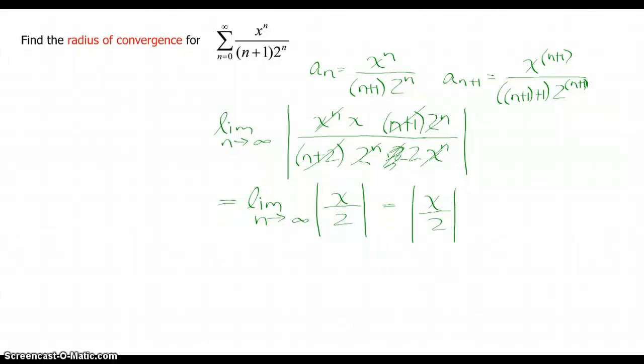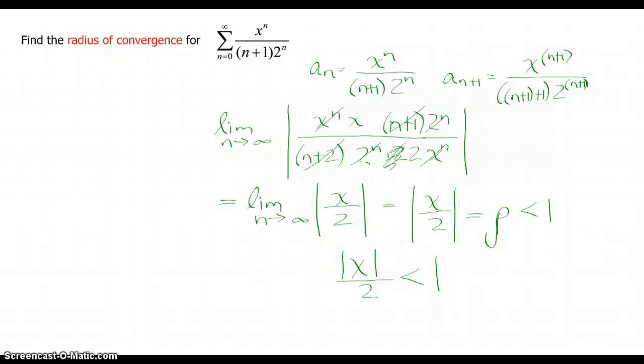Done. Now, this is going to converge. This is rho. This is going to converge when rho is less than 1. Now, the absolute value of 2 is just 2, so I choose to write it like that, and you'll see in a minute why I do that.